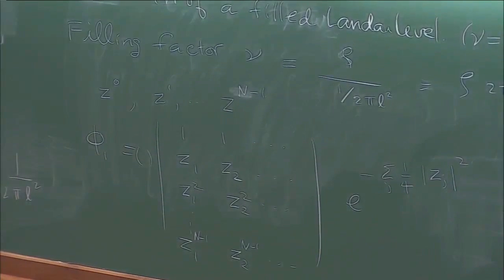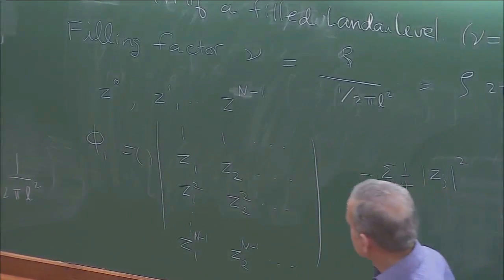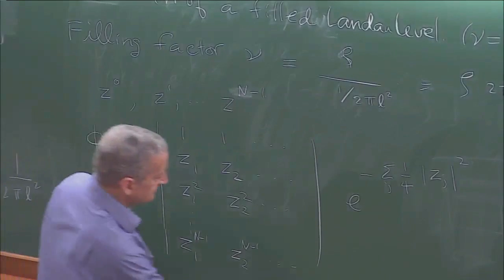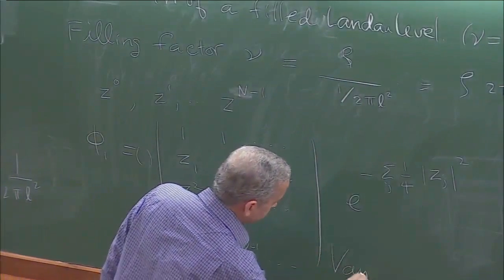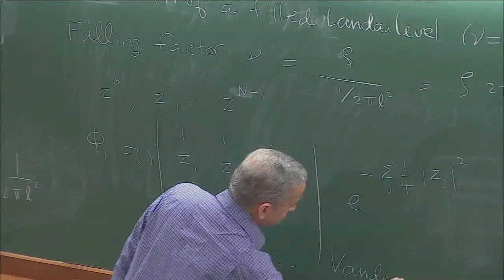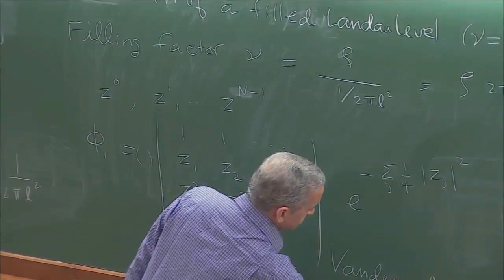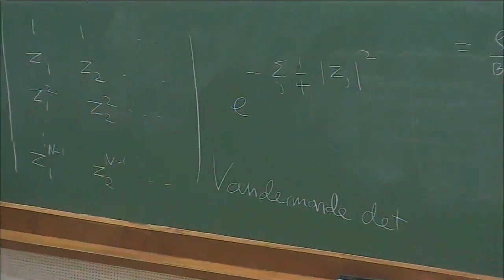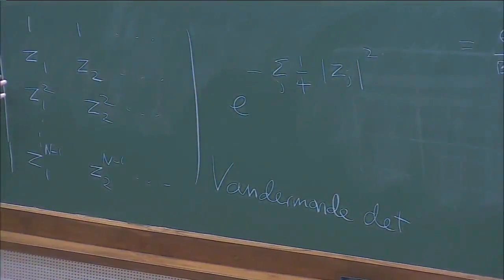Okay, that's the wave function. Now this Slater determinant actually has a name. It's called the Vandermonde determinant. There are at least two ways to write it. I mean, we have written the wave function explicitly, but it turns out we can write it a bit more simply.